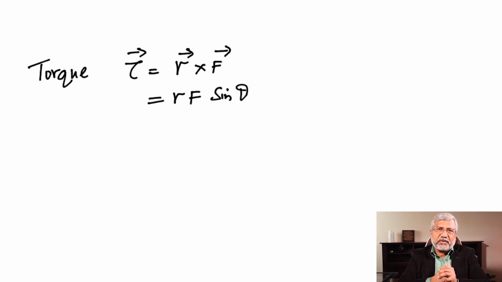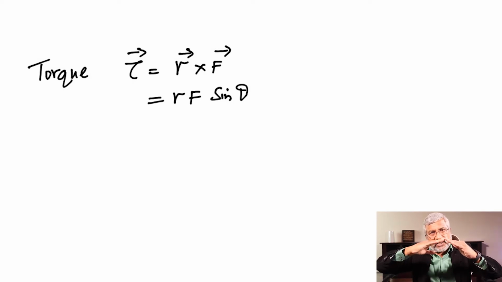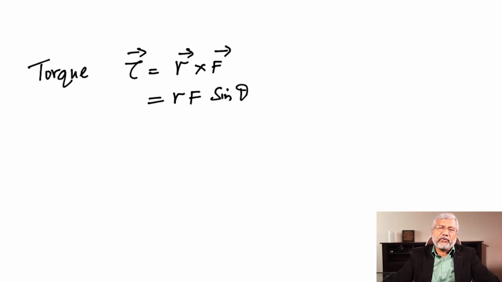And when theta becomes 90, sine 90 is 1, so that's when the torque becomes maximum. So whenever you're looking for maximum torque, the force has to be applied perpendicular to whatever you're trying to rotate. Like if this is a door, you want to open the door. The most efficient method is to apply the force at right angles to the door. Not like this, but at right angles to the door. So you get maximum torque.